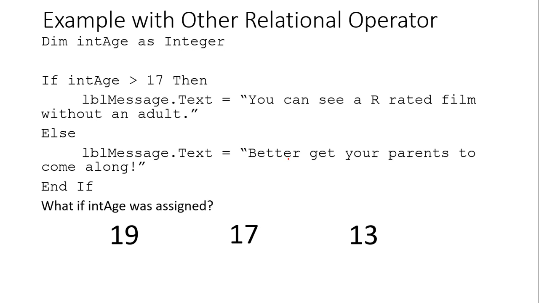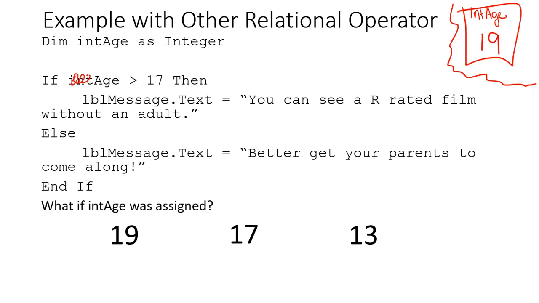Okay, so remember, this is the memory of my computer here. So they're going to say int age, that's the name of my guy here. It's the name of the box. And they're putting a 19 in there. So I'm going to put a 19 there. So what if int age becomes 19, is what they're saying. So I'm going to check.